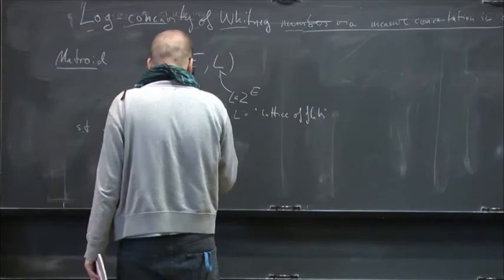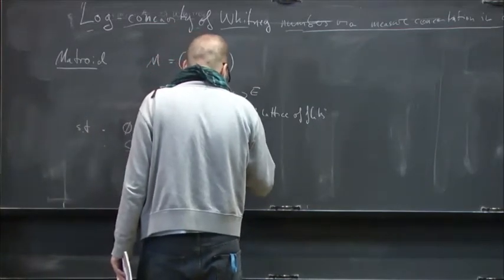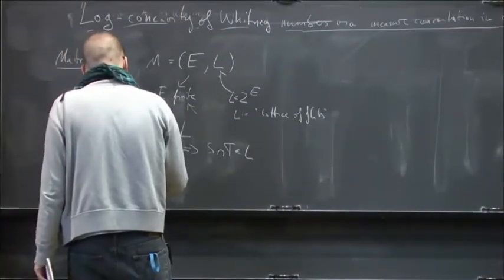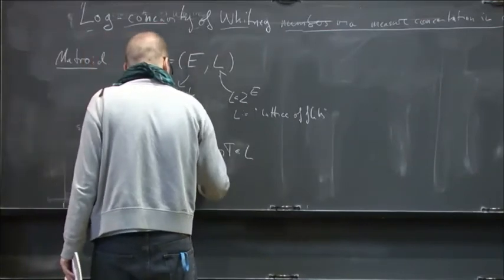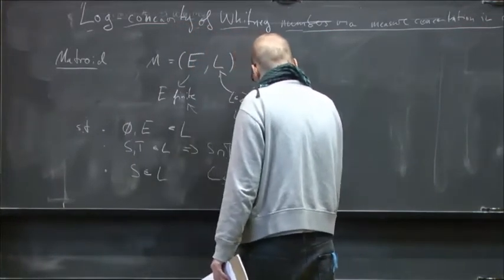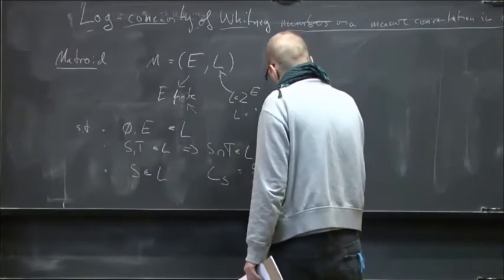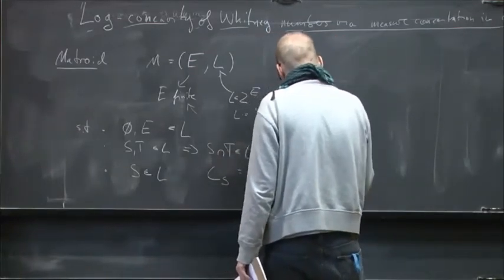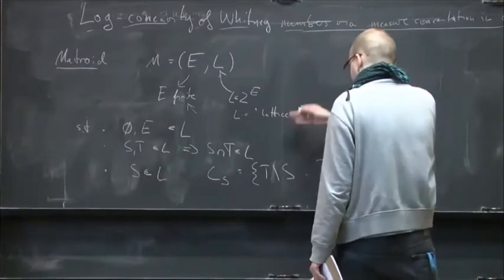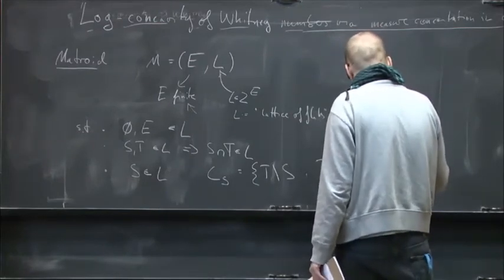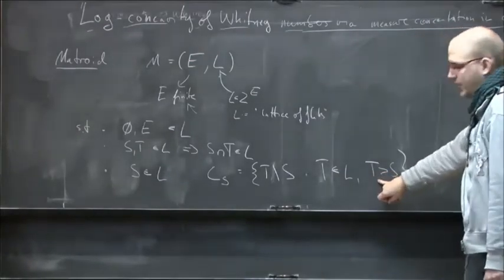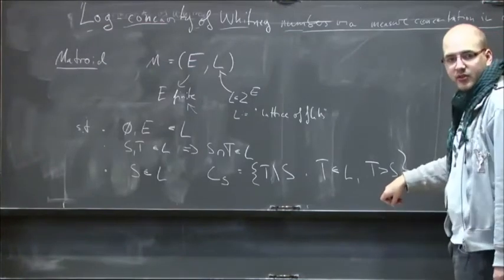And then a little more complicated condition is that if I have any element S in my lattice of flats, then I can define a set C of S, a collection of all T without S, where T is an element in the lattice of flats, so it's a flat, and T covers S. By which I mean T contains S, and there is no flat in between.